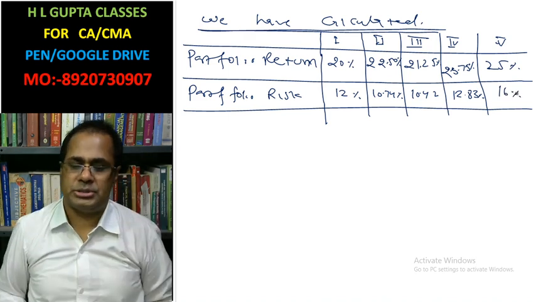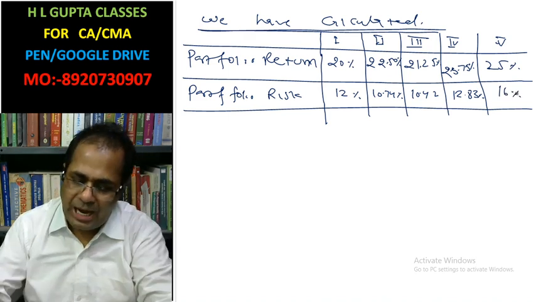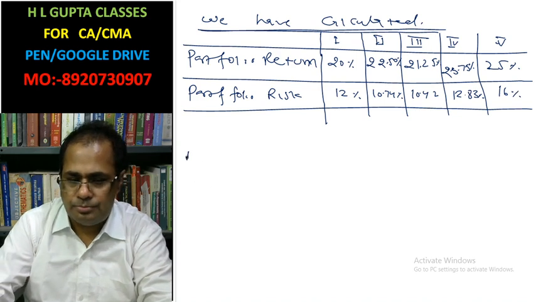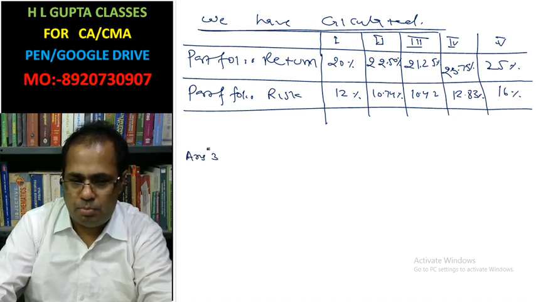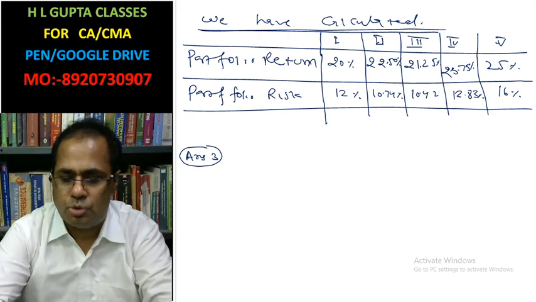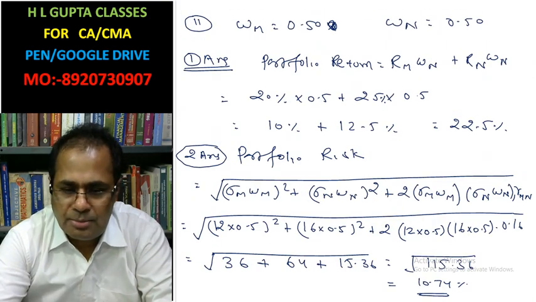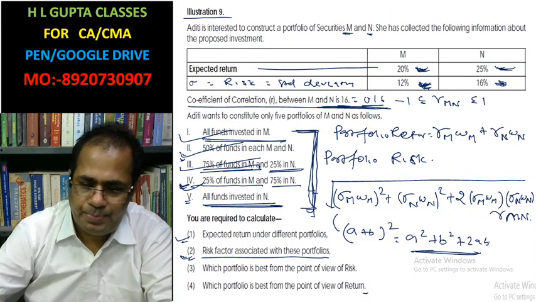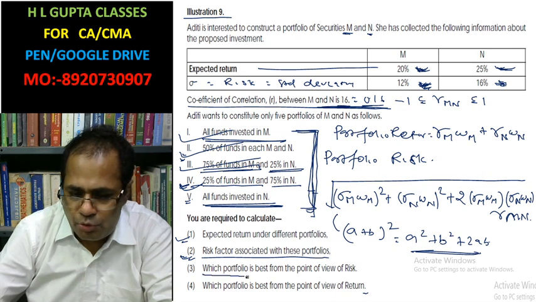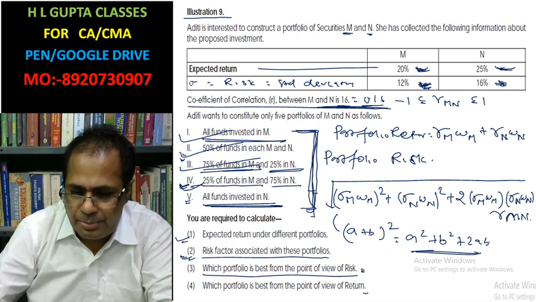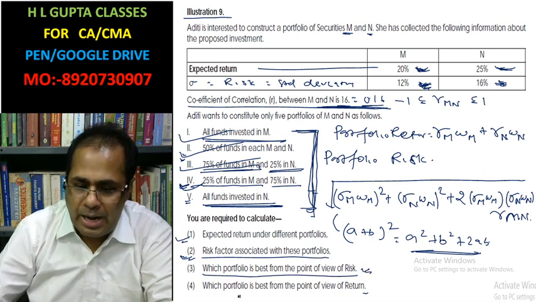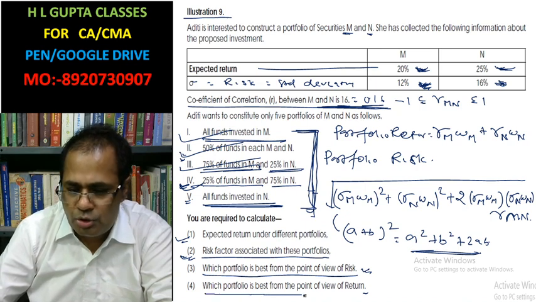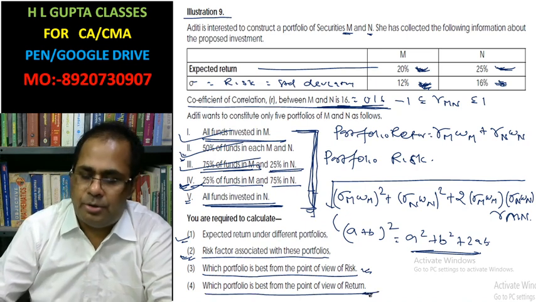This is your observation. Now what will be the answer of the third? Look at here. What is the question you have? The third question you have: which portfolio is best from the point of view of risk? And the fourth: which portfolio is best from the point of view of return?